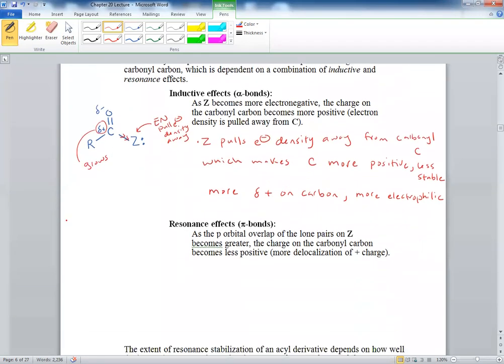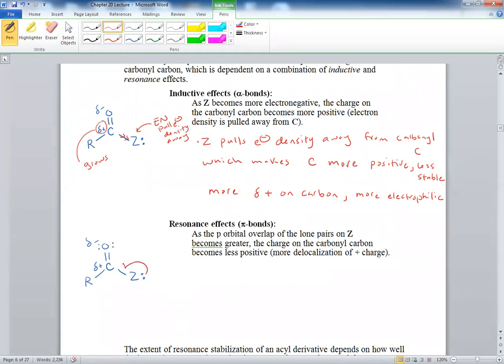When it comes to the resonance effect, it may do the opposite. So if we redraw this, once again, we have a delta positive and we have a delta negative. So what is resonance?